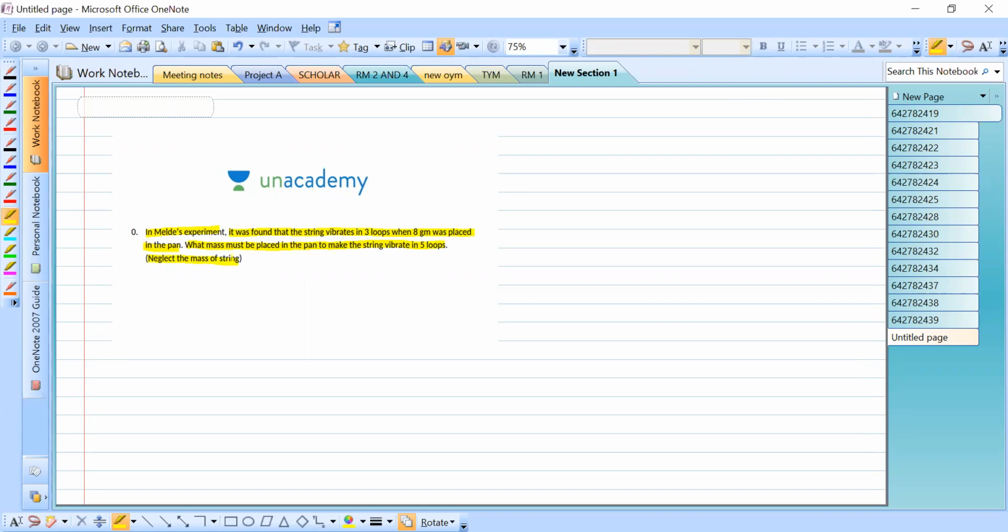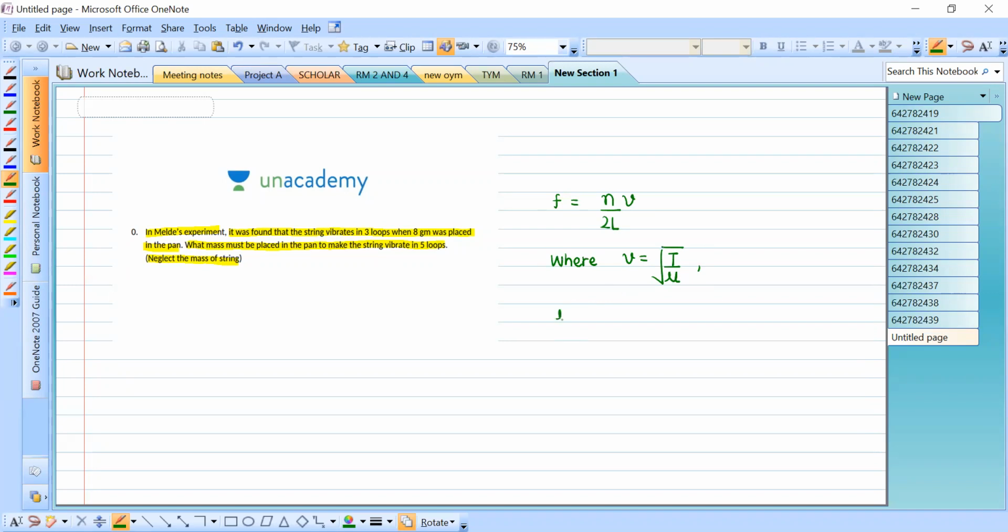So student, Melde's experiment is a simple string based experiment where we know that the frequency f equals n by 2l times v, where v for the string is the square root of tension over mu.